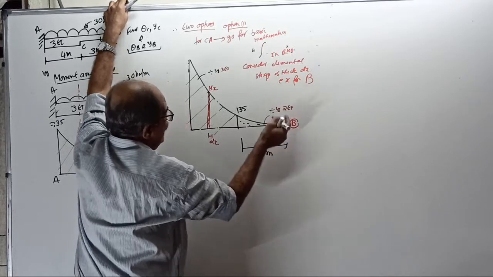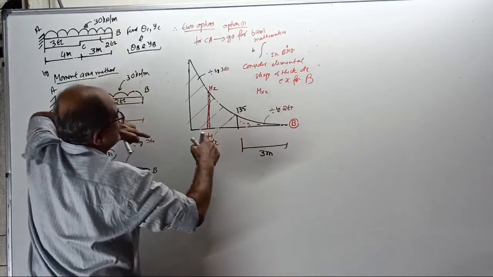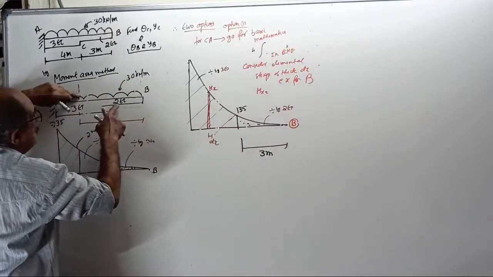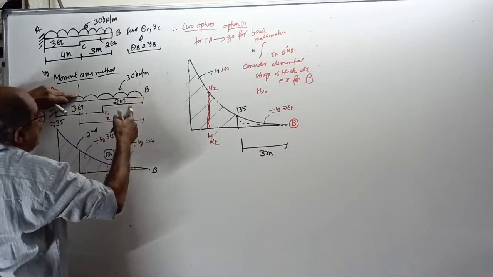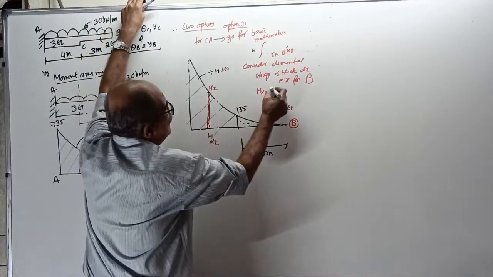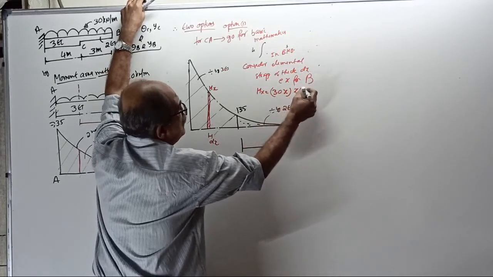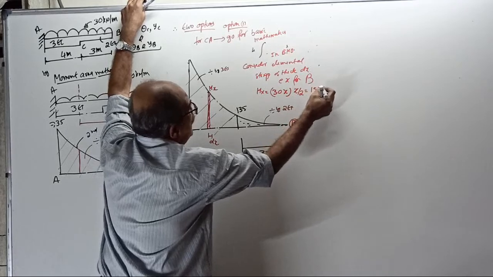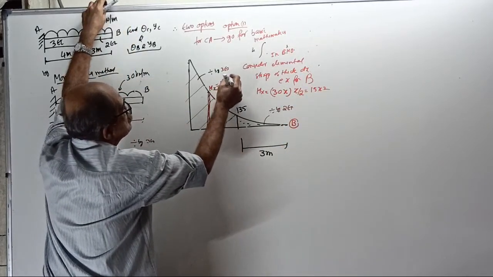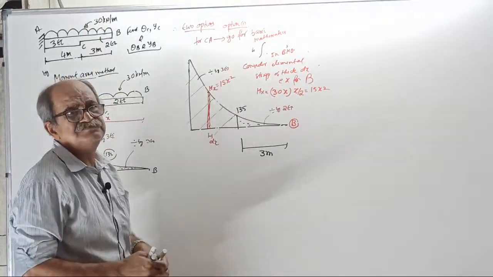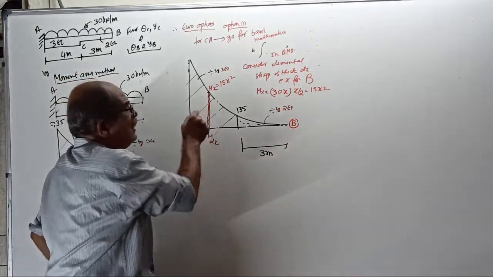Origin is B. Then Mx equals, tell the answer, at x from there. Don't look at the 2I, 3I, or the length here. 30 kN per meter for x length. How much? 30 into x is the total load, into x by 2, or it is 15x square. This Mx ordinate is 15x square. Fully clear? That Mx is 15x square is the ordinate for the strip.